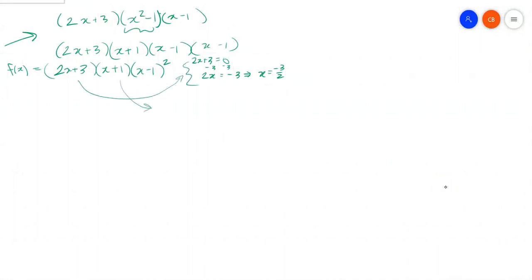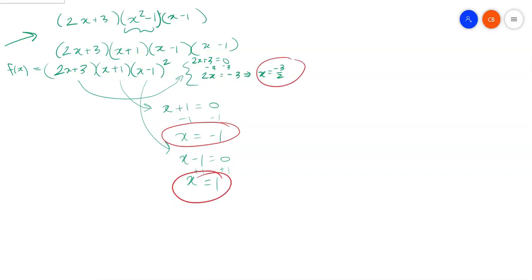From this factor we can say x plus 1 is equal to 0, so we can subtract 1, so x equals -1, that's another zero. And then lastly from this factor we can say that x minus 1 should also be 0. And so we can add 1 to both sides, get that x is 1. And so we got here actually 3 different zeros, but we should be sure to list their multiplicities as well.